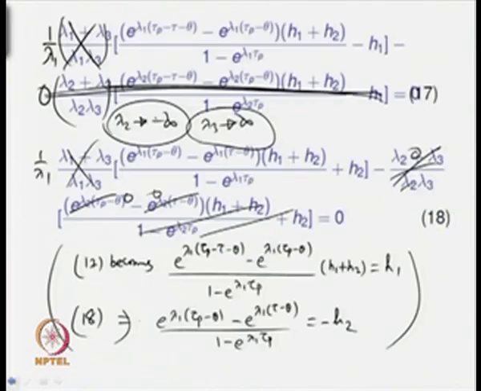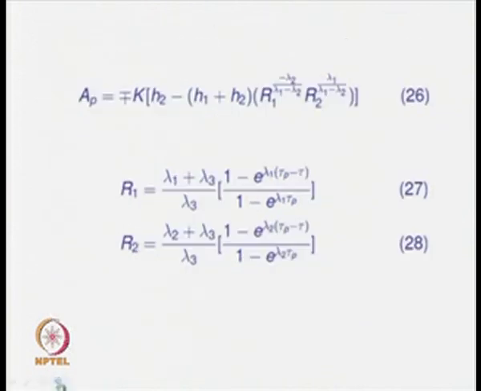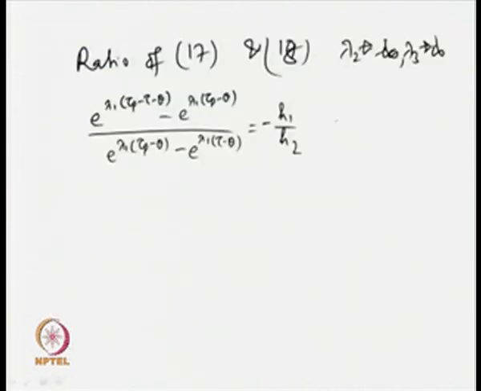If you take the ratio of the left hand side by the left hand side, and the right hand side h 1 plus h 2 by h 2, the h 1 plus h 2 term will cancel out, and finally we get the ratio in the form of minus h 1 by h 2.